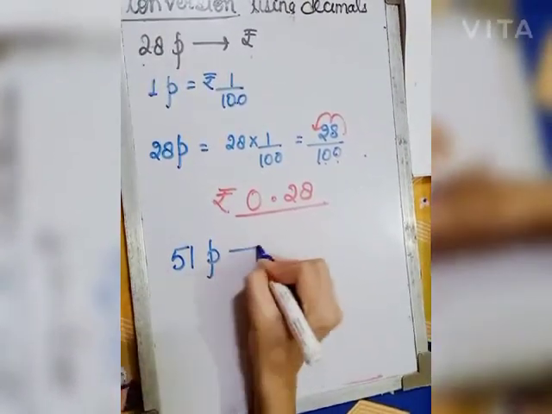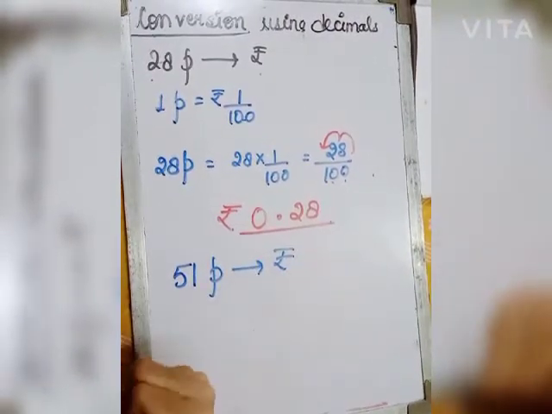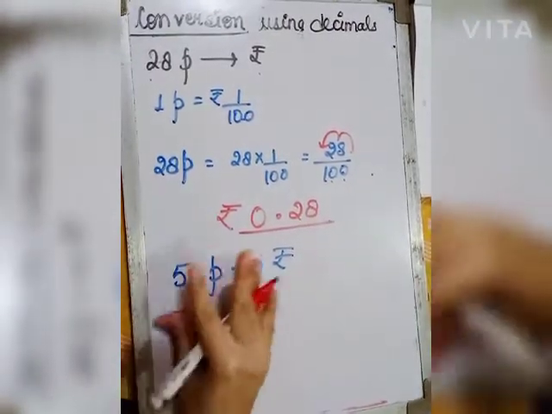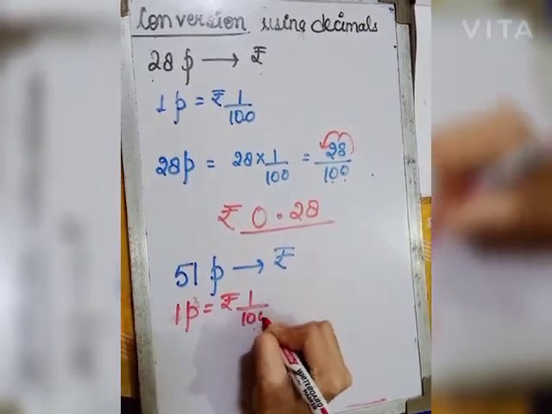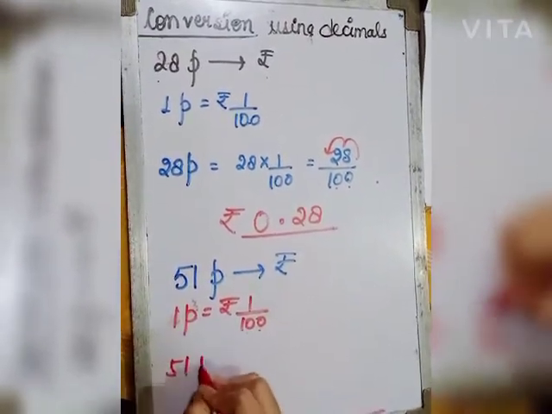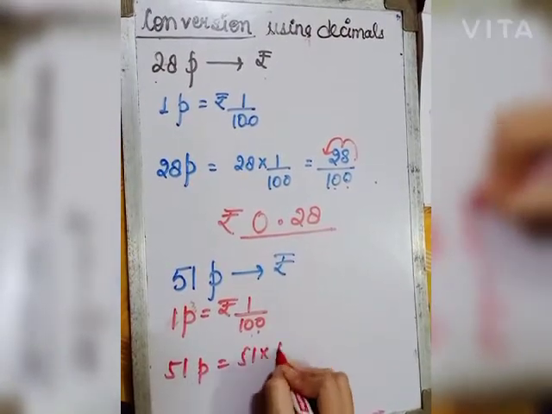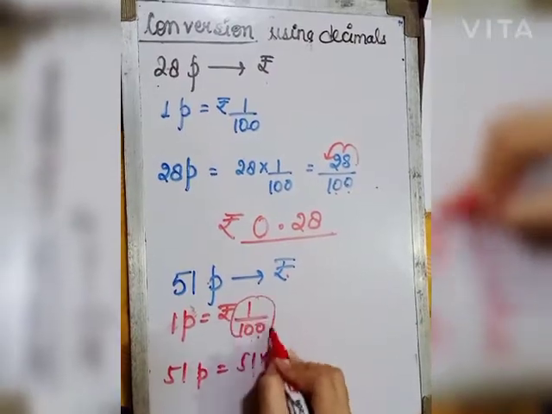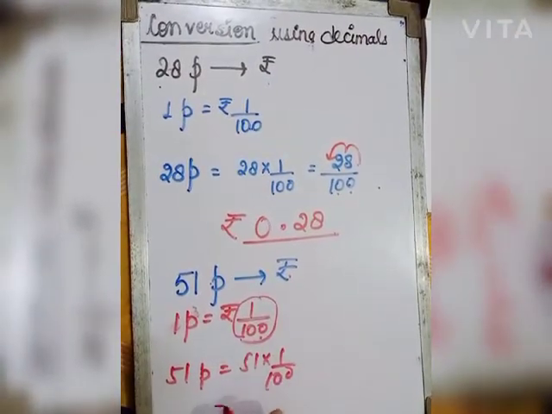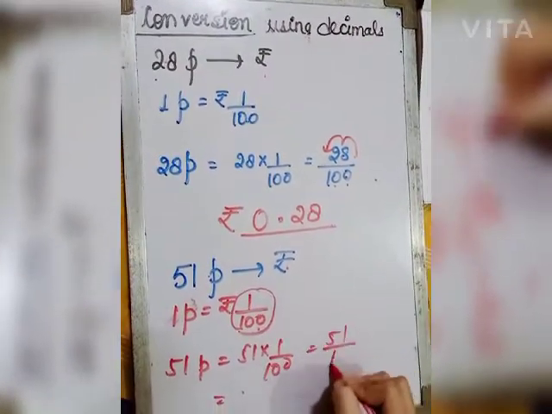See another example. 51 paisa को you have to change in the rupees. First we know 1 paisa equals to 1/100 rupees. So 51 paisa will be 51 into, whenever you have to convert paisa into rupees, multiply by 1/100. It will be 51/100.